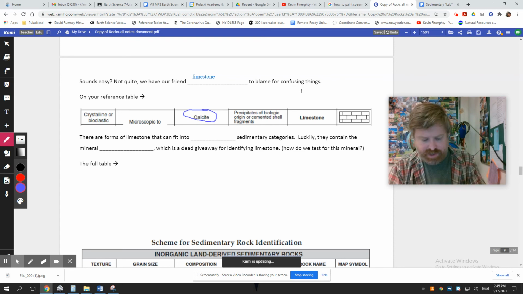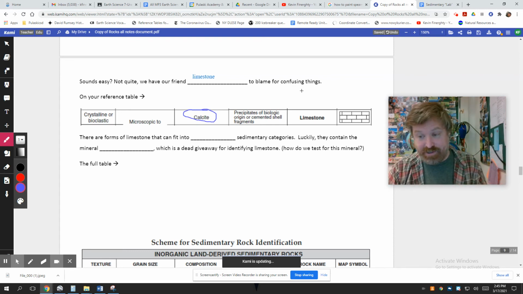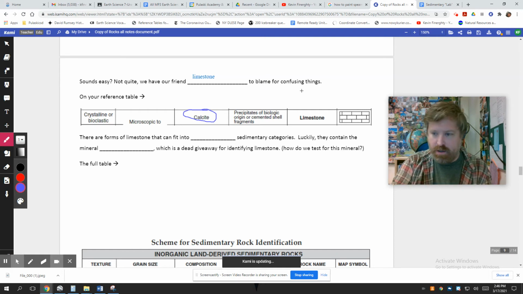Don't panic about it just yet. If you come over here to characteristics, it says that it bubbles with acid. So if you take a rock and a little bottle of hydrochloric acid, and if we were in class I would do this for everybody, you squeeze it on there, it just fizzes a little bit. It looks like Sprite. It's nothing super dramatic and exciting. It fizzes a little bit because of the calcite in it.